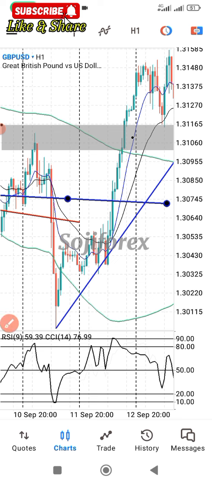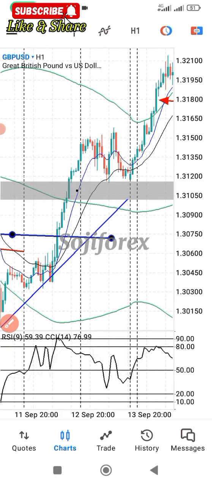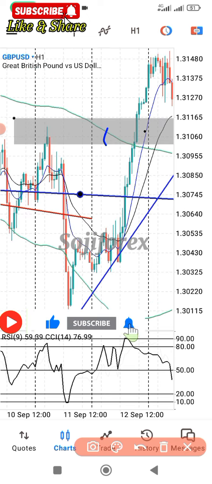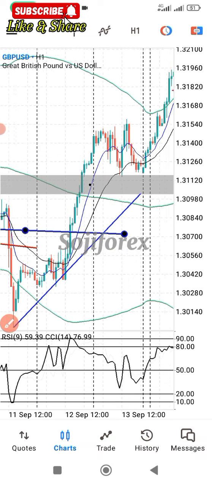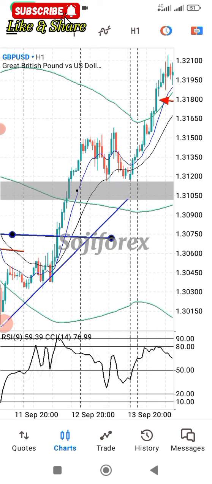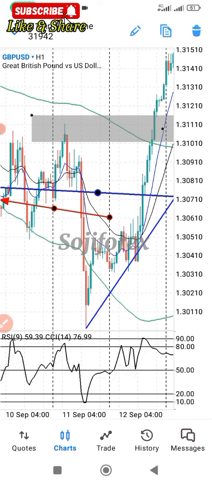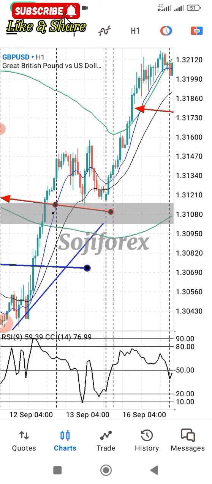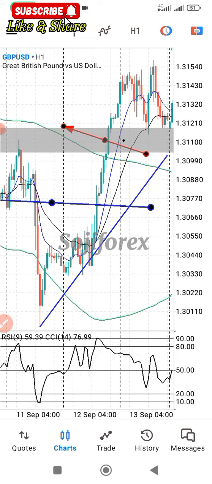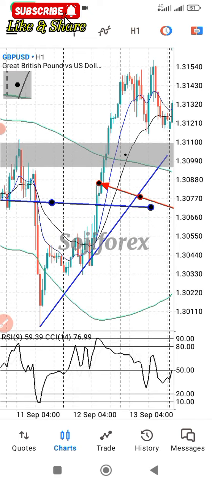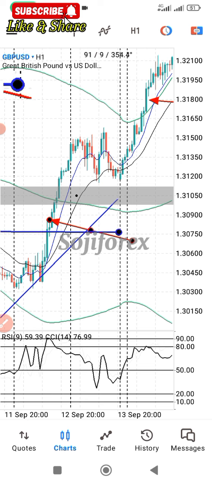And what happened? Price broke the structural point, which confirmed to us that we are in an uptrend. And as such, it's also a resistance and price broke this resistance. So immediately after that, what is the next thing that happened? We will want to see price retest that particular zone. And here exactly, price came back to retest that support zone.